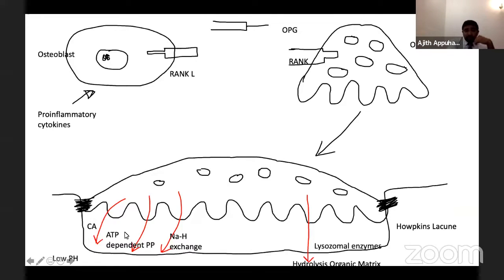They start degradation of the inorganic matrix, and by lysosomal enzymes such as tartrate-resistant acid phosphatase and cathepsin, they start hydrolysis of organic substances. This is the mechanism you need to know about osteolysis.